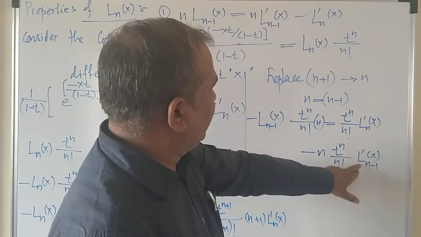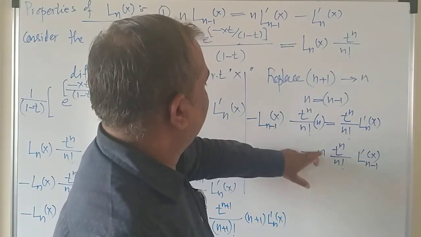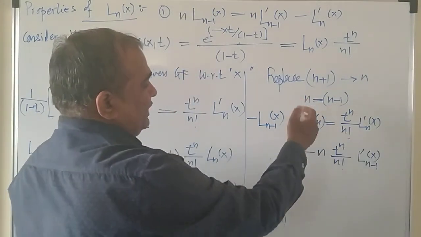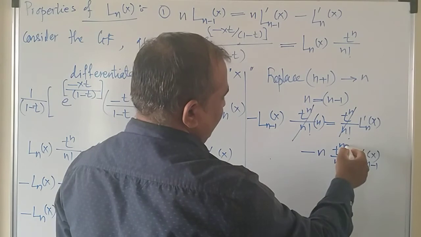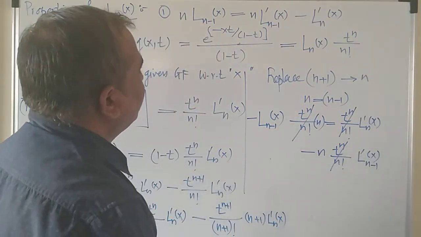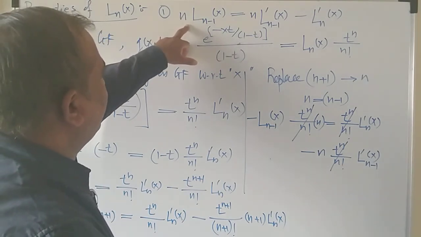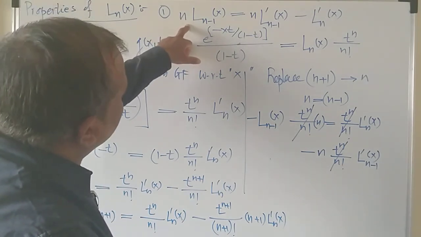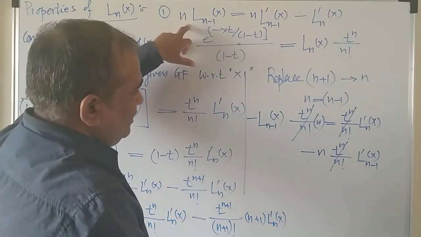Okay, L dash of n minus 1, we are having this also. So t^n divided by n factorial exists on both sides, so that will get cancelled out, and you will get n into L_{n-1} of x.